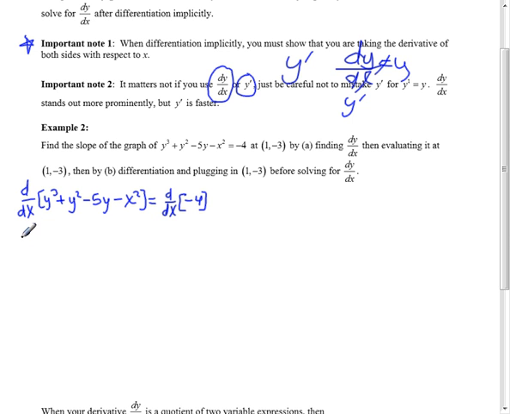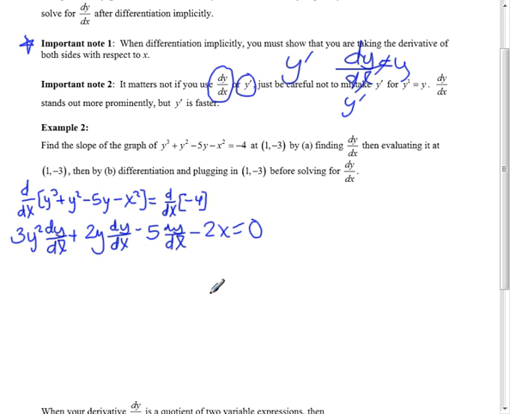Alright, so the derivative of y cubed with respect to x will be 3y squared dy/dx plus 2y dy/dx minus 5 dy/dx, lots of dy/dx's here, minus 2x, and this would be dx/dx, so we don't have to write that. And on the other side, the derivative of any constant is just 0.